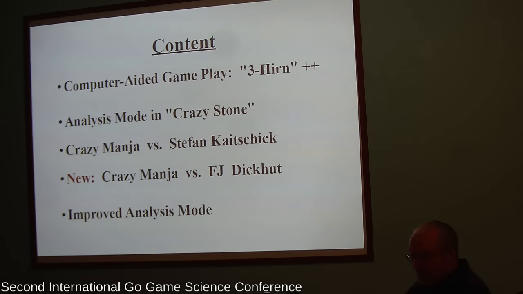I will report on 3 games between Crazy Manja, you will know what Crazy Manja is, and Stefan Kaitschik, and new stuff included after we had submitted our paper. Also one game between Crazy Manja and F.J. Dickhut, one of the very best German Go players.